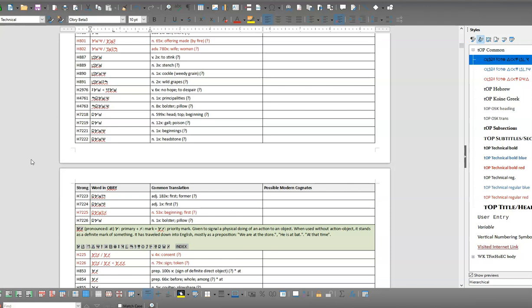Now, the thing is, that idea, the chief or most important item in a body or on a thing or whatever, is not equivalent to first. It is not equivalent to first.